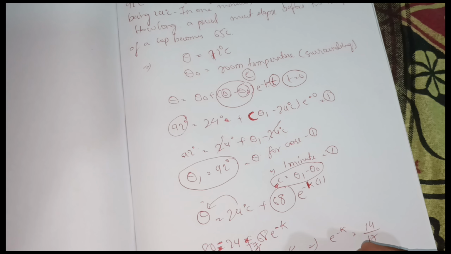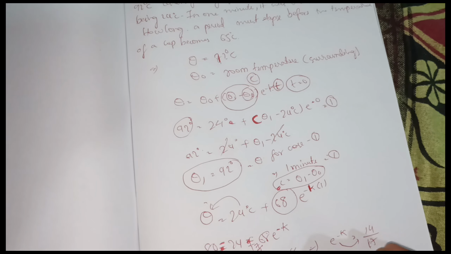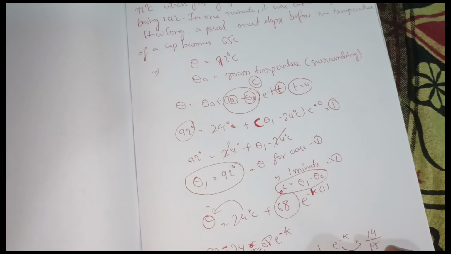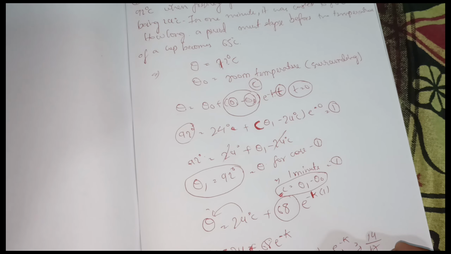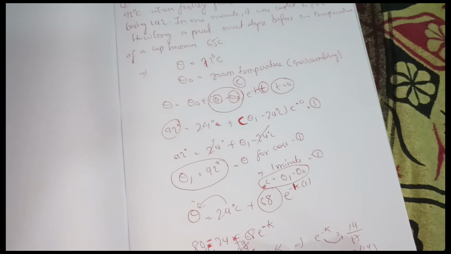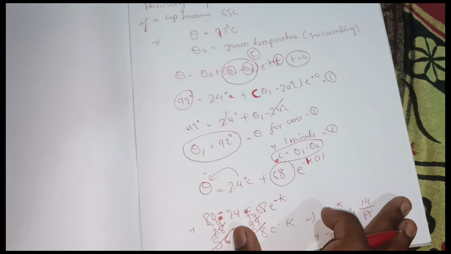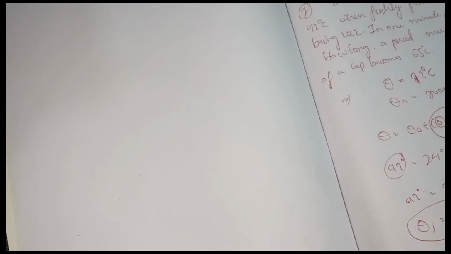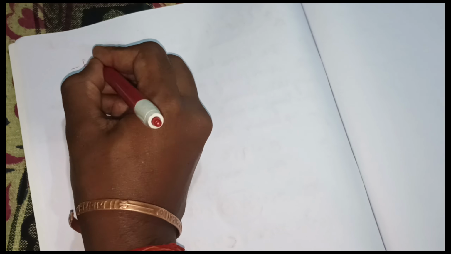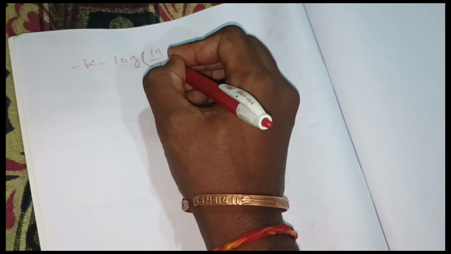K equal to, by sending this to that side, it will become log of 14 by 17. Next, this minus will be sent to this side; I will do it on the next page, follow along. So minus k equal to log of 14 by 17.